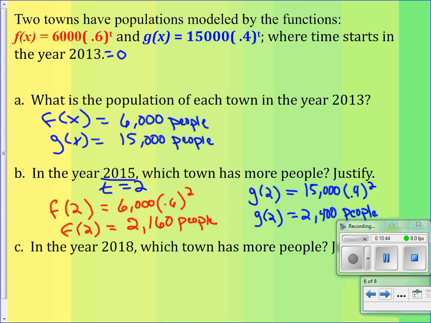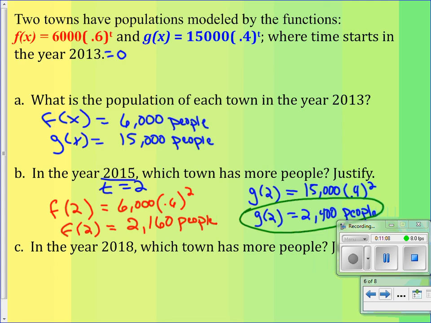So that's why I now have 2,160 people and 2,400 people. So the example asks which town has more people. g of 2 has more people. So the town represented by the function g of x is the one with the highest population.